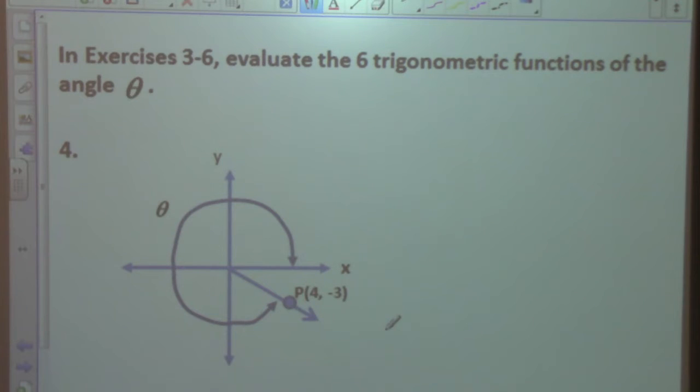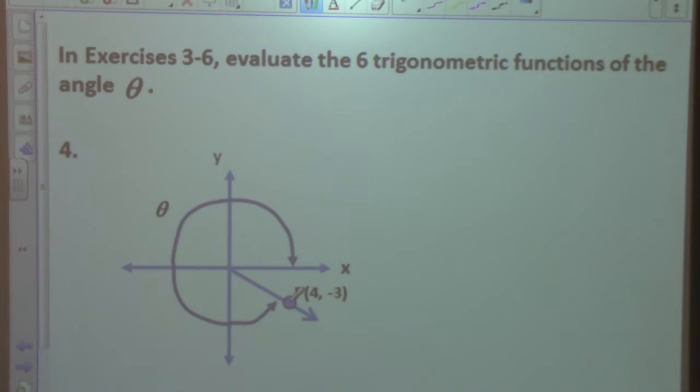Yesterday in class we started working on evaluations of trigonometric functions of these angles, and we're concentrating in this section on angles whose measure is greater than 90 degrees, or obtuse angles. We talked about the principle of what a reference angle is and how it's obtained.